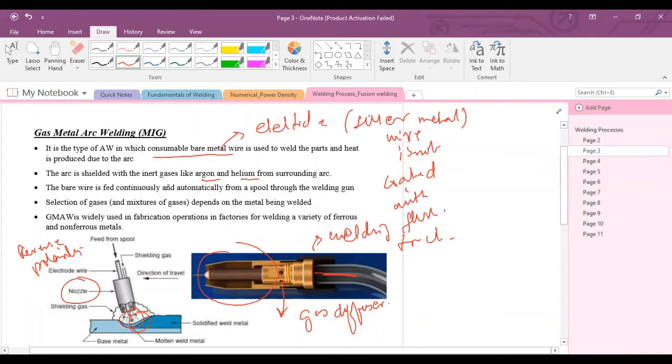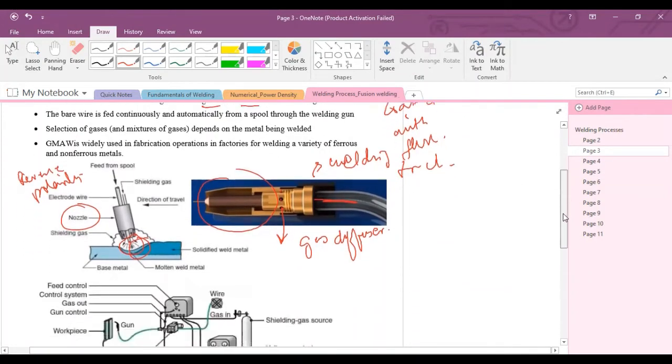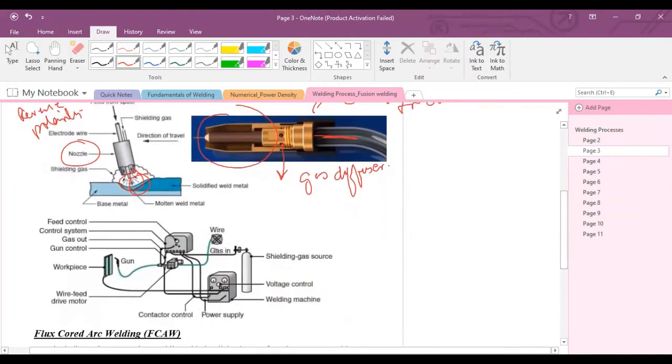This bare wire electrode, if I go downward, will be continuously fed to the gun from the wire spool. Wire spool means there is one pulley-type wheel, and over this wheel a coil of wire is wound.